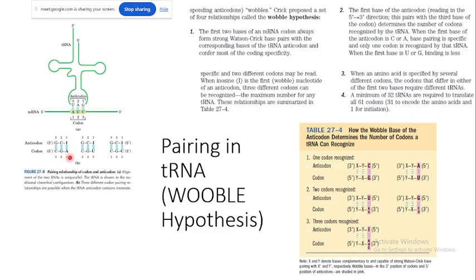Fine, but the third nucleotide in the codon will base pair with the first nucleotide of this anticodon, that is inosine. So this is a wobble position, and here inosine is the wobble nucleotide in the anticodon, which can recognize three nucleotides.